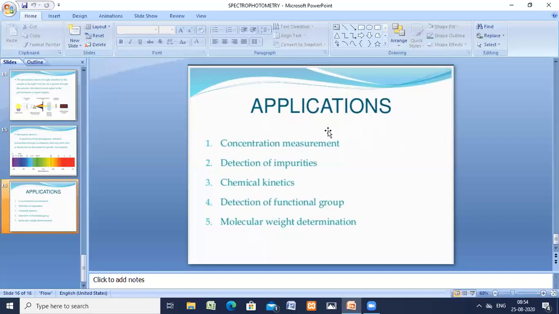Okay, some simple examples were given. Chromium in potassium dichromate and manganese in manganese sulfate you can do. Similarly, iron we can estimate using thiocyanate. Ferric ion reacts with thiocyanate, KCNS, and gives a series of intensely red colored compounds which remain in true solution.